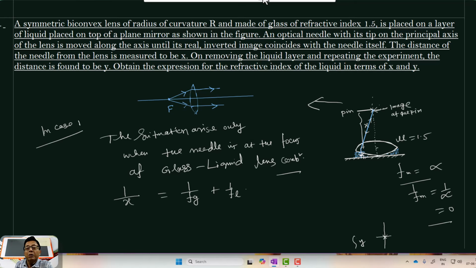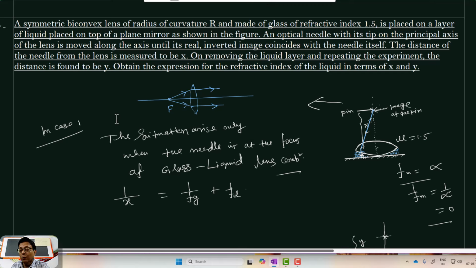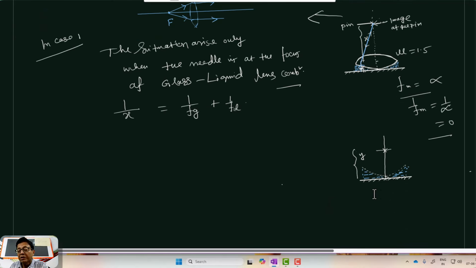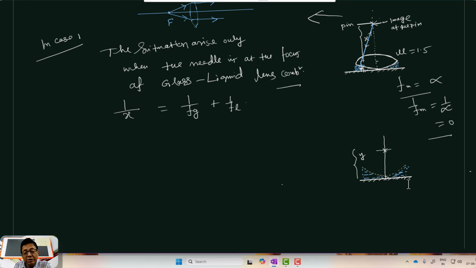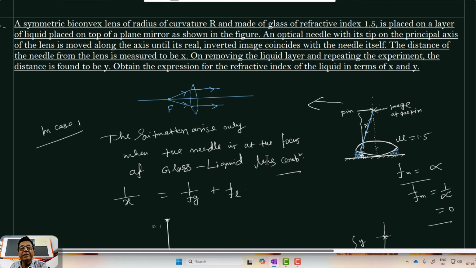Now, on removing the liquid layer, not only the liquid is removed, there may be only the lens. Only the lens is there. That also can happen. If only the lens is there, then this will happen at a certain distance y.